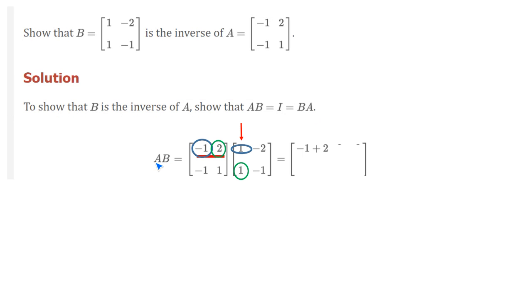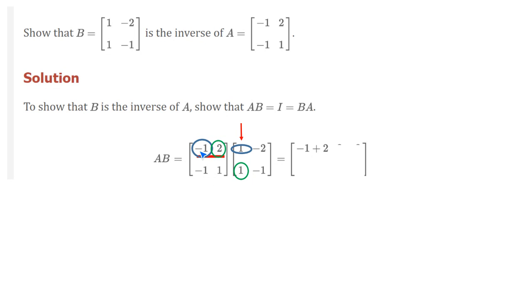Here's the first one, A times B. Remember from last week, if we want to multiply two matrices, the first must have the same number of columns as the number of rows of the second one.